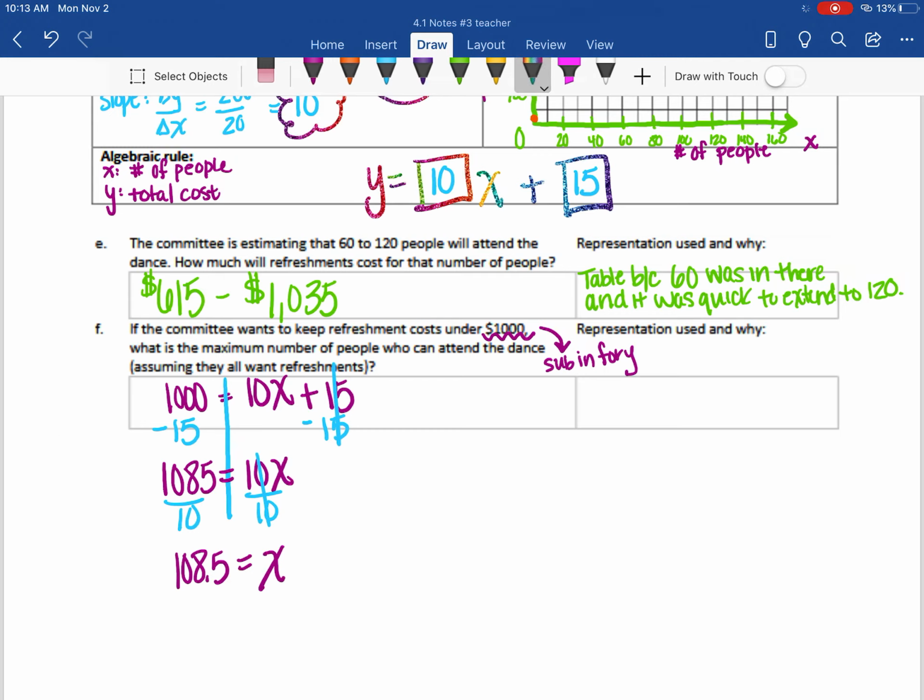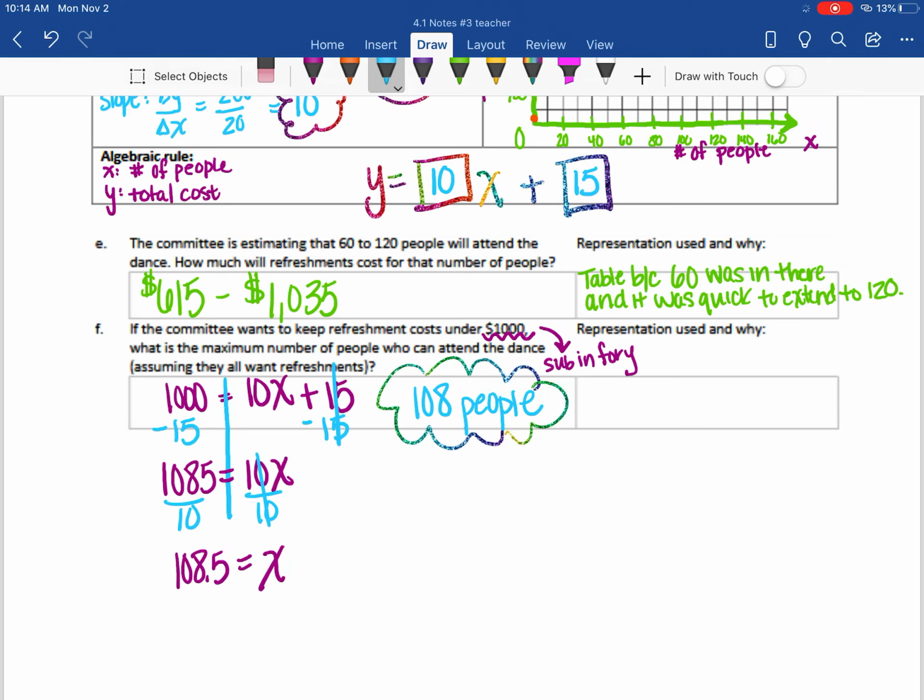This doesn't make sense in the context of our problem because we can't have a fraction of people. Okay, so if we think about this, $1,000 is what 98.5 people would cost. So if we round it up to 99 people, that's going to go over $1,000. So we have to round down to 98 people to stay under the $1,000.